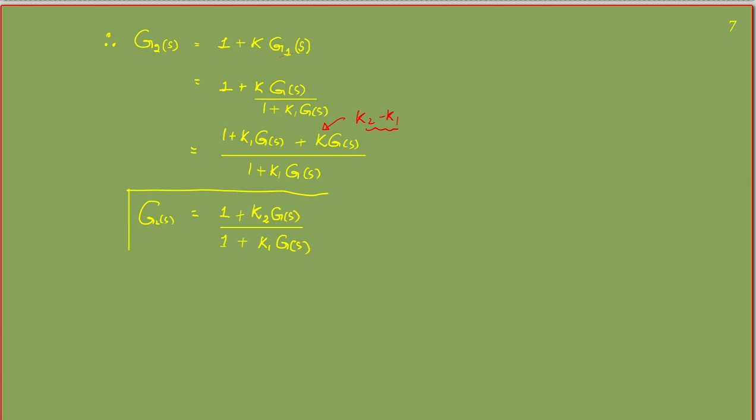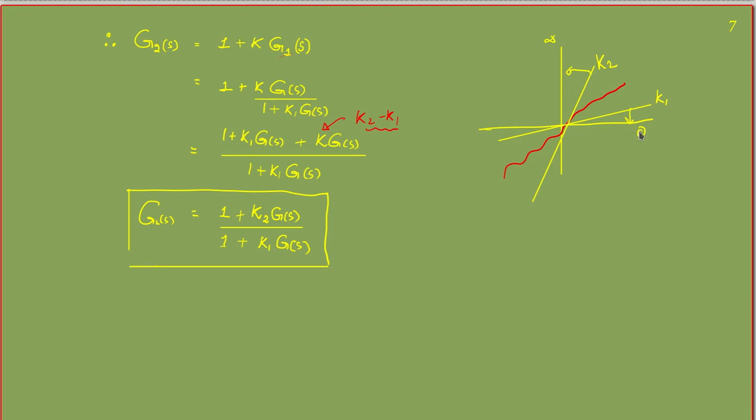That means if we have a nonlinearity lying within the sector K1 and K2, what happens is that I have this shifting K2 minus K1. So in order to shift this K2 to infinity and K1 to 0 and keep this whole nonlinearity within the 0 to infinity sector, we made two transformations.